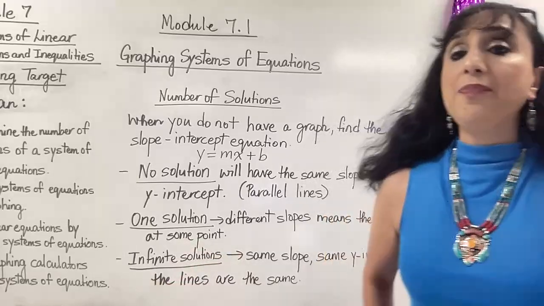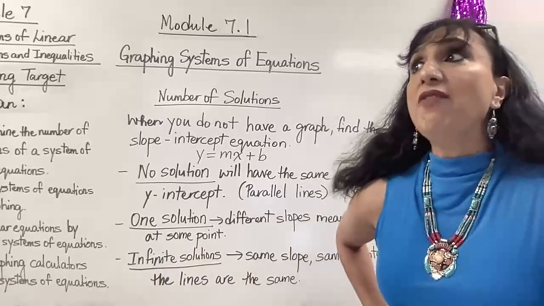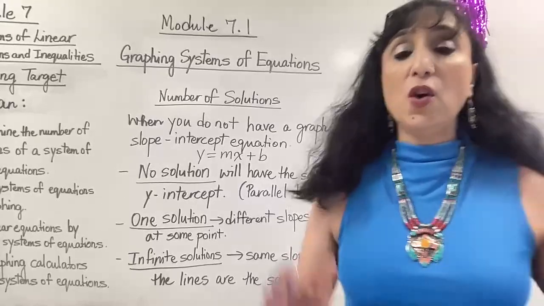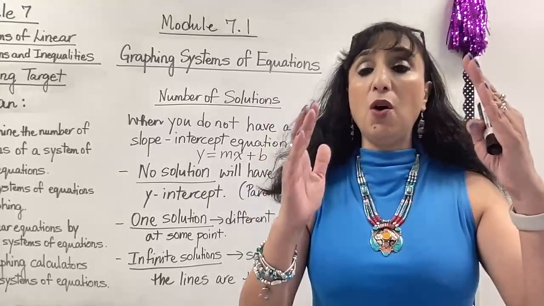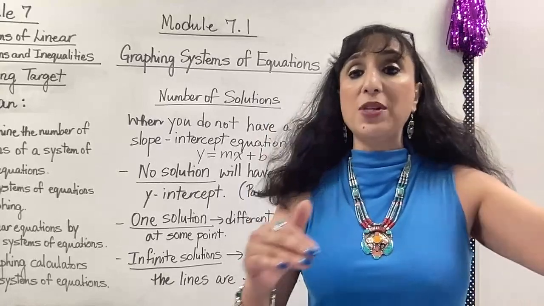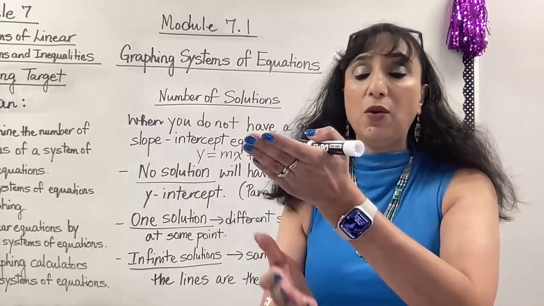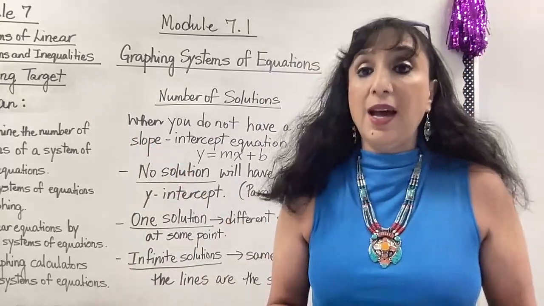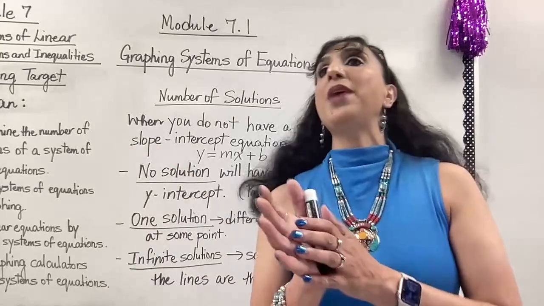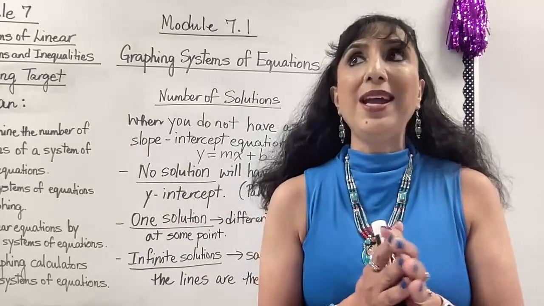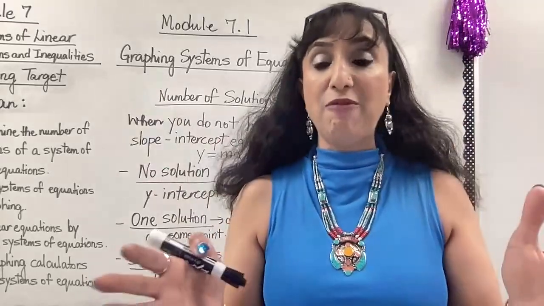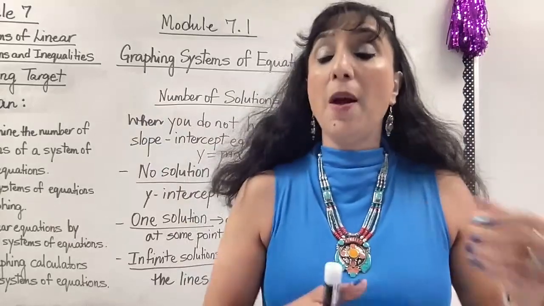Okay? Then, if you have different slopes, one may be going this way, one may be going that way, but they will intersect at some point. Sometimes you might not be able to see it on the physical graph because the numbers may be so large, but it doesn't matter.